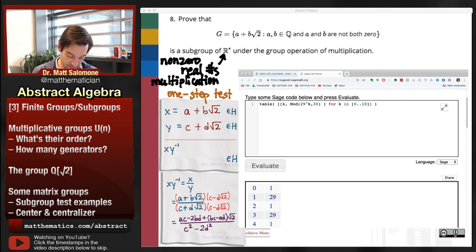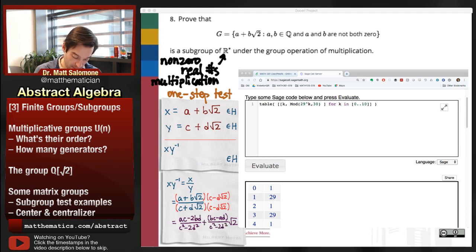So I just did a bunch of high school level algebra to simplify these products. But the point of doing that algebra is that I've just convinced myself why XY inverse has exactly the form that we wanted it to have. C squared minus 2D squared. Put in a plus right here.